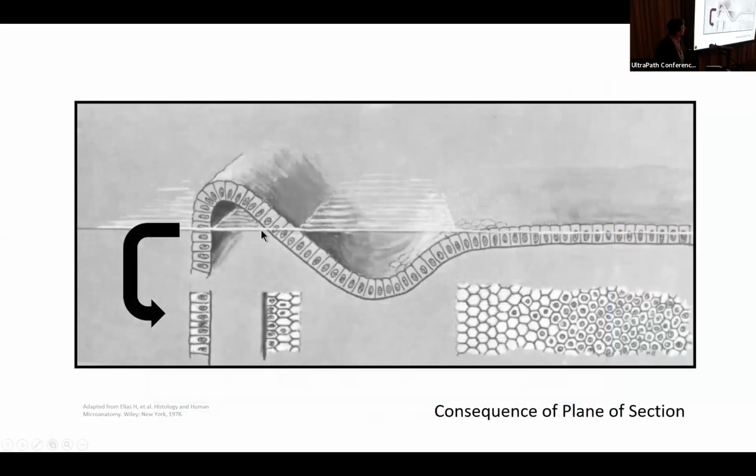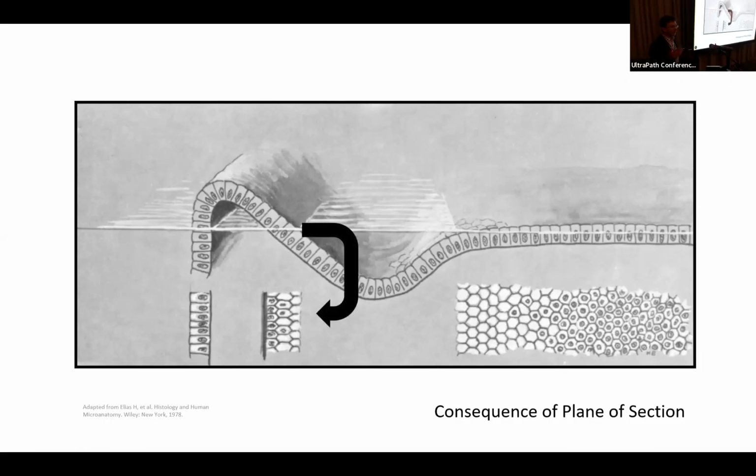And then a plane of section that's cutting through this epithelial layer somewhat obliquely could almost look like a stratified epithelium instead of a simple epithelium. And then this could almost look like just a solid structure. So always be thinking about how that can affect how we interpret electron micrographs as well.